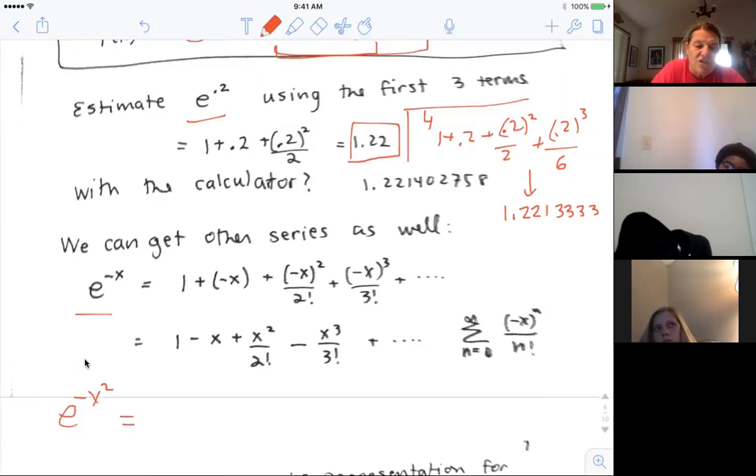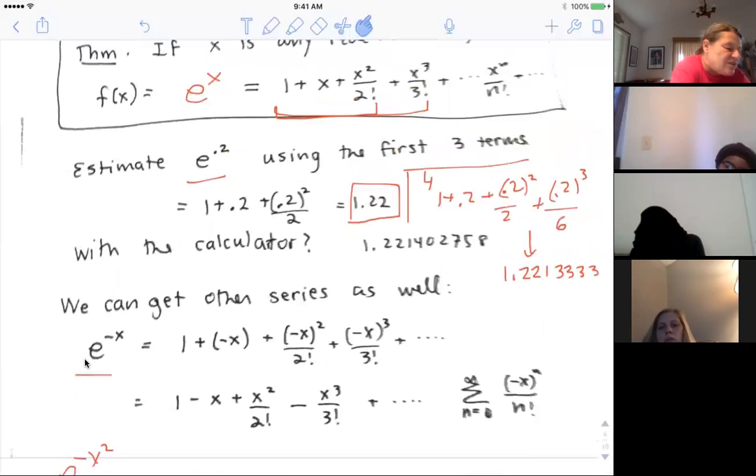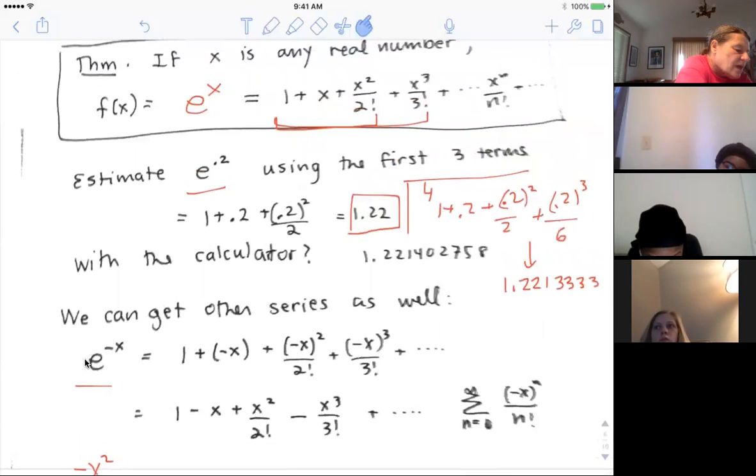So let me back up a little bit here. Everywhere there's an x in my e to the x series, I am going to put a minus x squared.